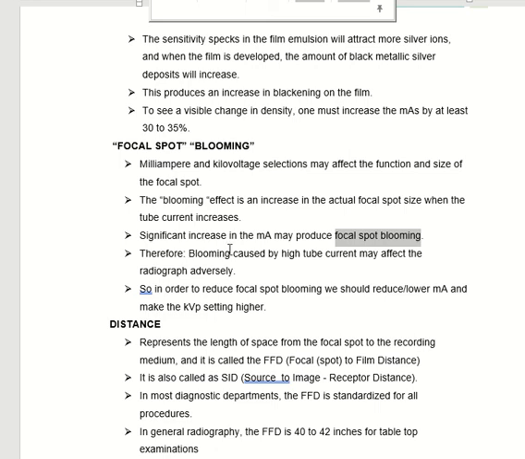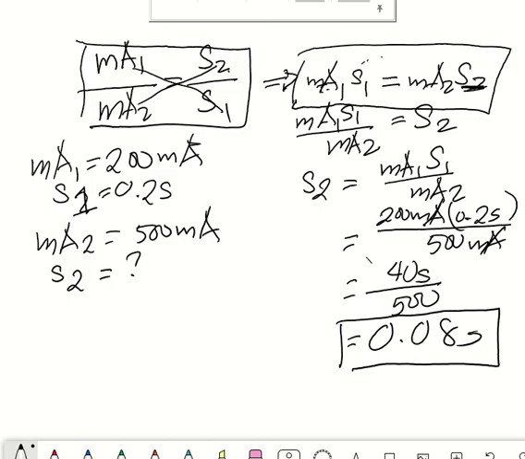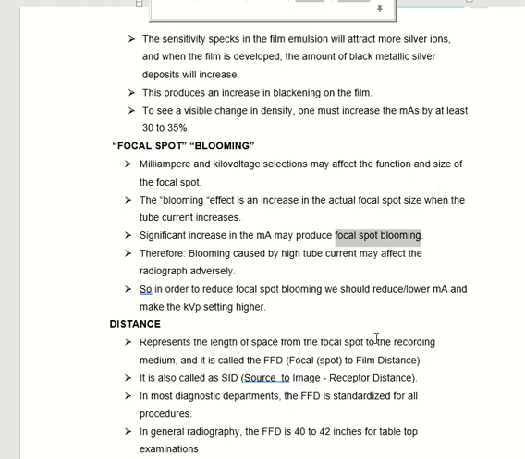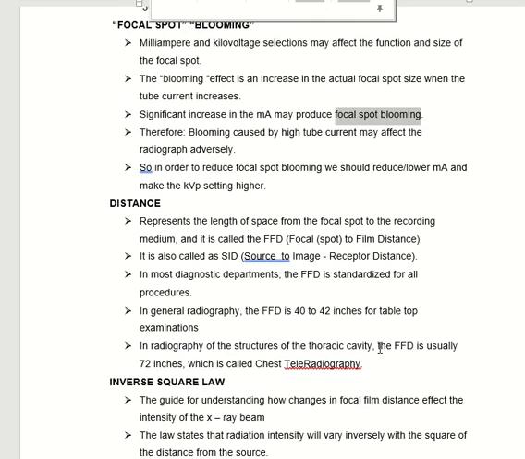Ang focal spot blooming, parang ganito siya. If this is the actual focal spot, parang may mga shadowing, may silhouette siya rito. So, hindi na magiging clear ang ating image because of the focal spot blooming.